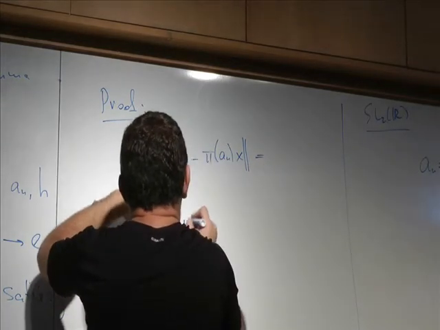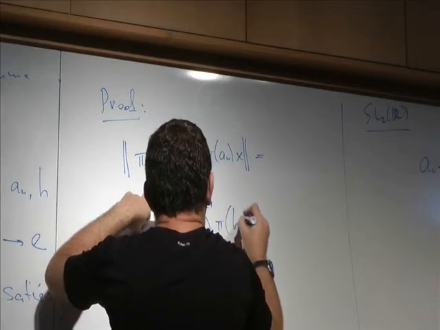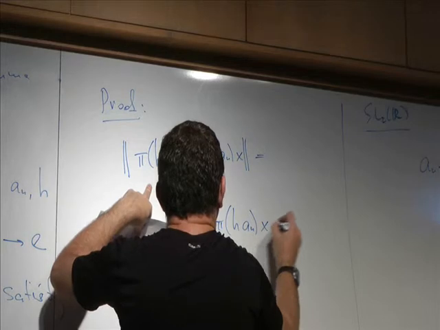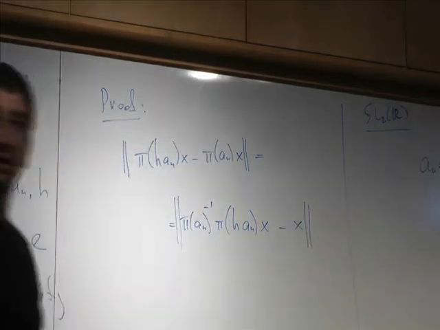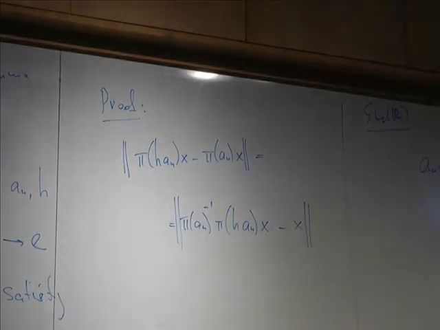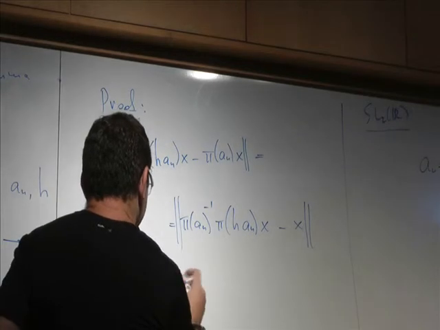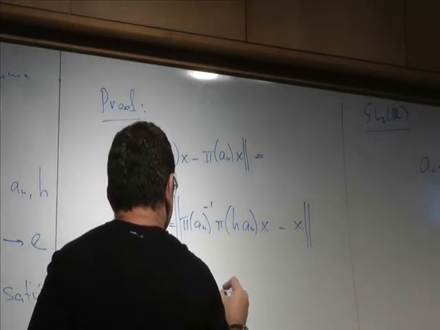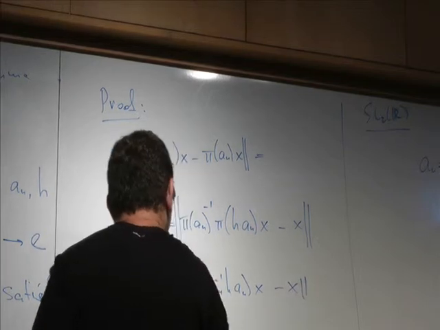So this is going to be equal to pi an inverse pi h an x minus x. Right? I haven't done anything wrong. Now, this is pi an inverse h an x minus x.